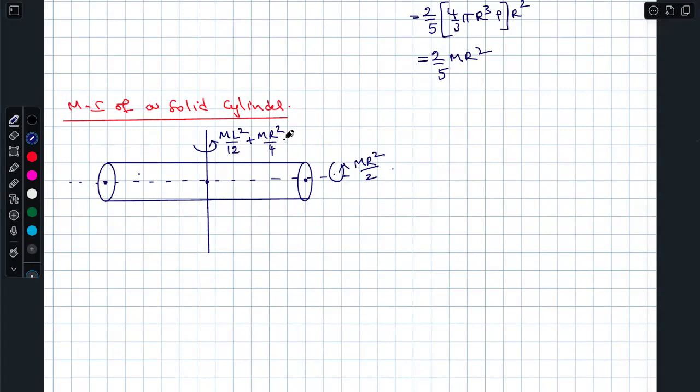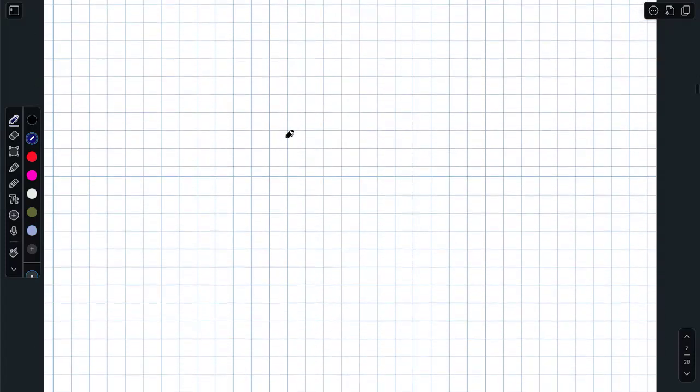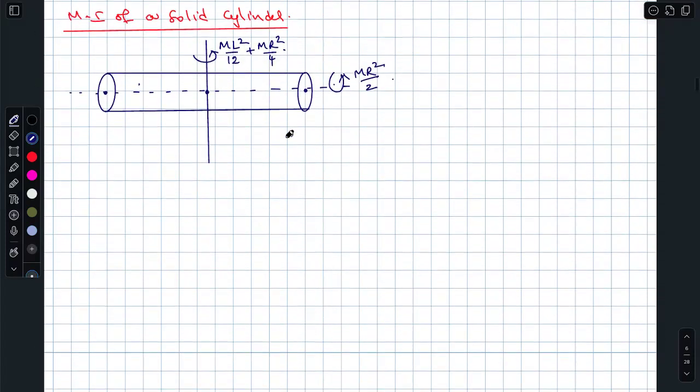That is the moment of inertia of a solid cylinder. Any doubts, boys? What else do we have? I am giving just the basic cases.